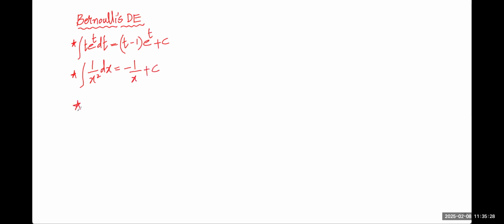And this rule also I told you so many times: e to the power of log x square, then your answer will be only x square.